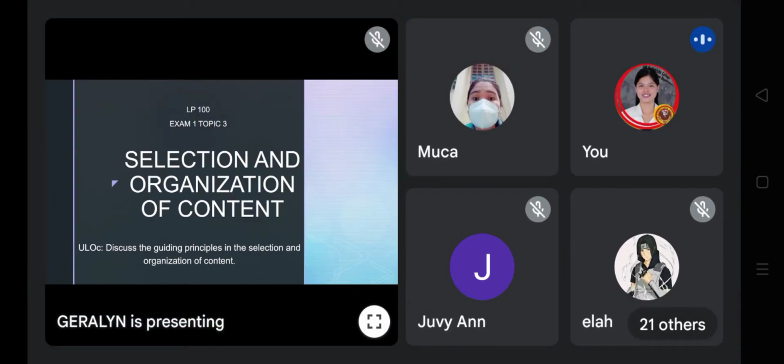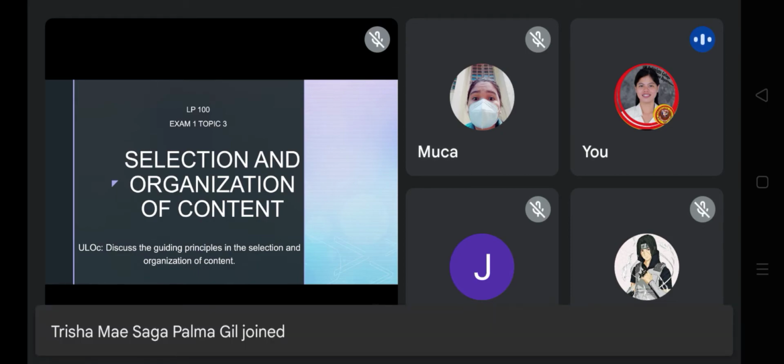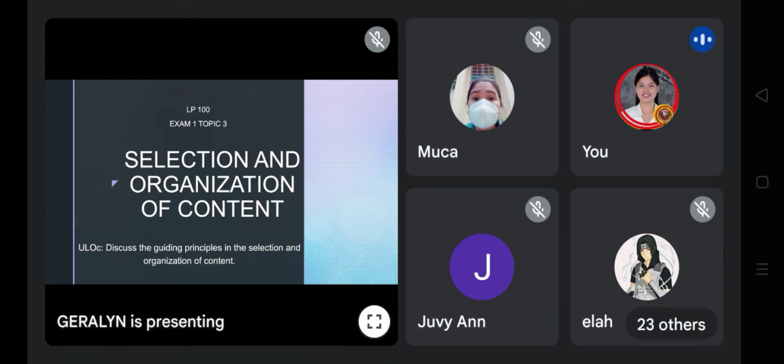We have to identify first what is our topic. So this time we will be oriented about the guiding principles in selecting and organizing the content of the lesson plan. And our learning outcome for this evening is for you to be able to discuss the guiding principles in the selection and organization of content.